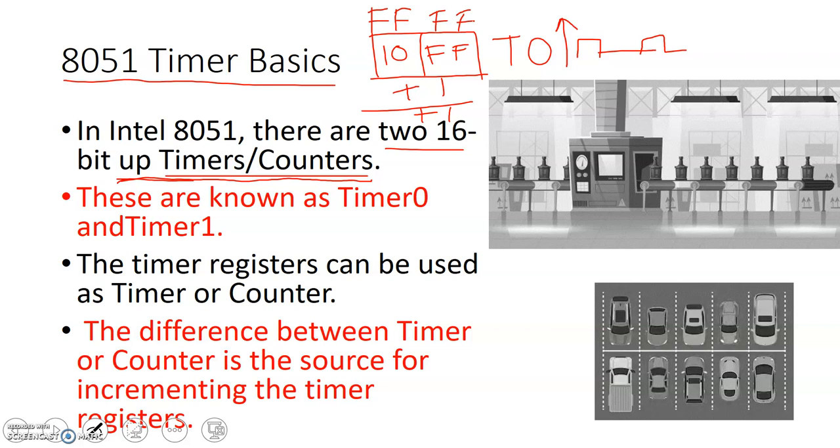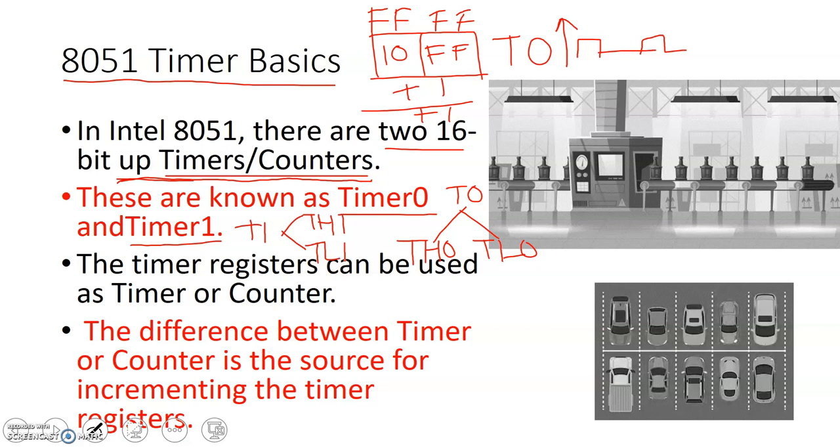So these two timer registers, timer 0 and timer 1, normally called T0 and T1, are 16-bit registers, and basically they are composed of two 8-bit registers, TH0 and TL0, and similarly T1 is composed of two 8-bit registers, TH1 and TL1.